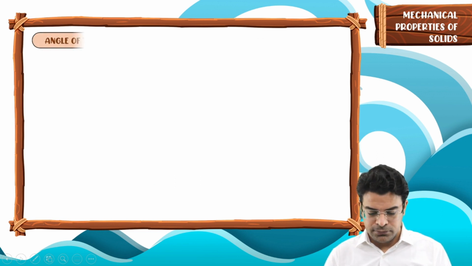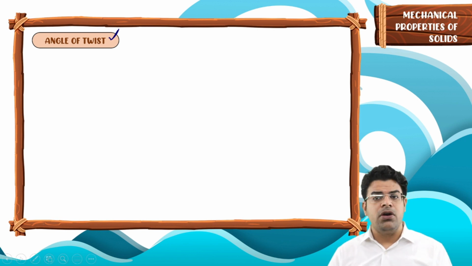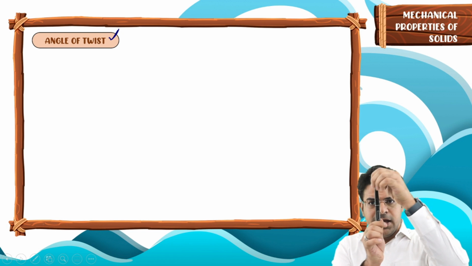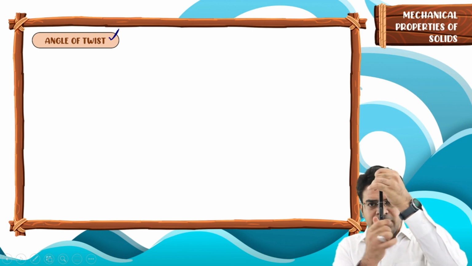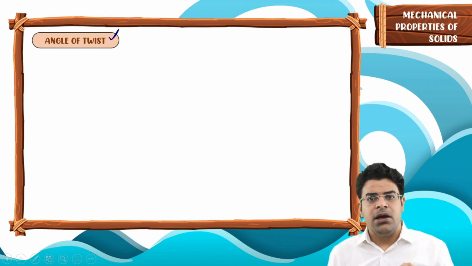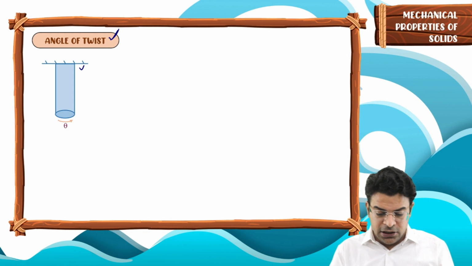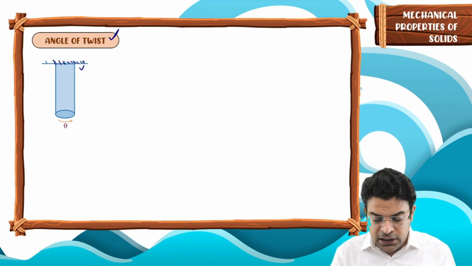Moving on. Now we will talk about something called angle of twist. If you take a wire, fix the topmost point and twist the lowest end, we say we get an angle of twist. What is the meaning of it? Let's see. So if we have a wire suspended at the topmost point, the top part of the wire is fixed.